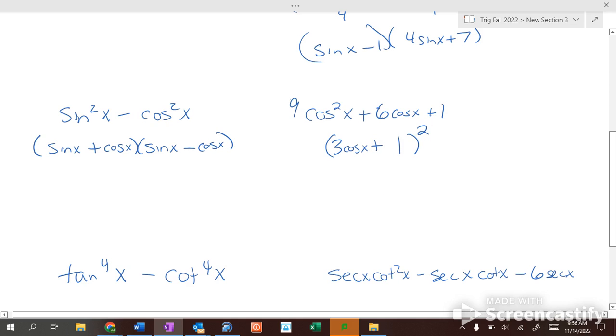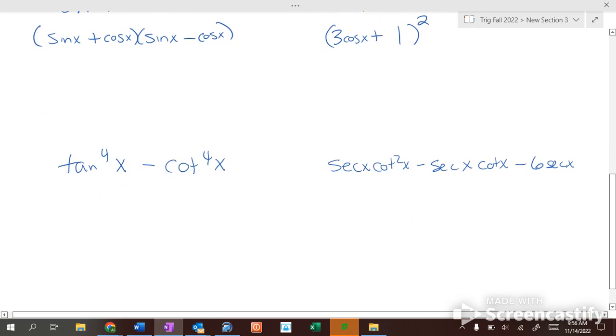There you go. That's if the first and last term are perfect squares. Now, you should test this, and you can either write it twice in FOIL or take 2 times this to equal the middle term. Okay? But the first and last terms are perfect squares. It should wind up to be this.